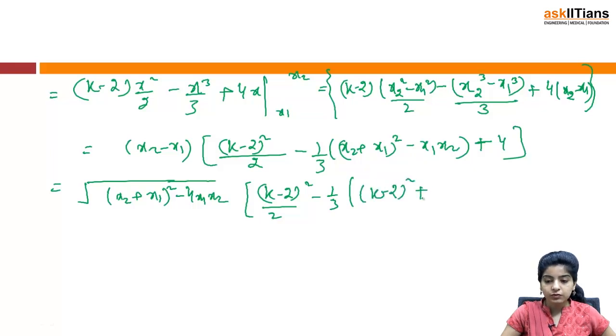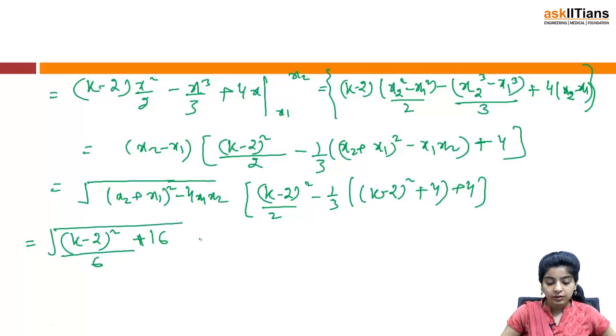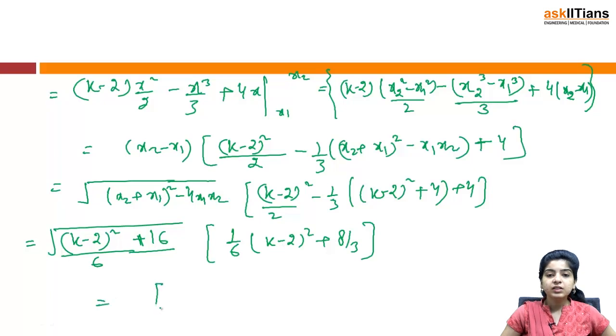This simplifies to under root of (k minus 2) square plus 16 into 1 by 6 (k minus 2) square plus 8 by 3, which is equal to ((k minus 2) square plus 16) raised to 3 by 2 by 6.